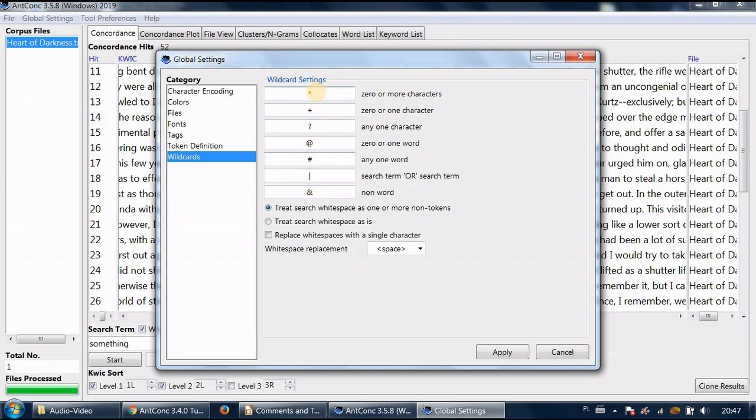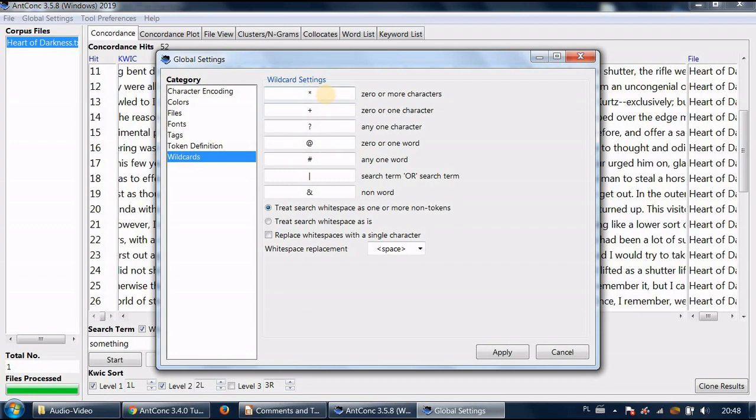These are special characters that replace one character or more, sometimes one word or more. And basically every corpus, or almost every corpus or concordancing tool has got such wildcard settings.